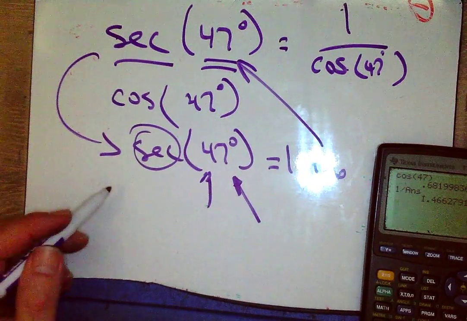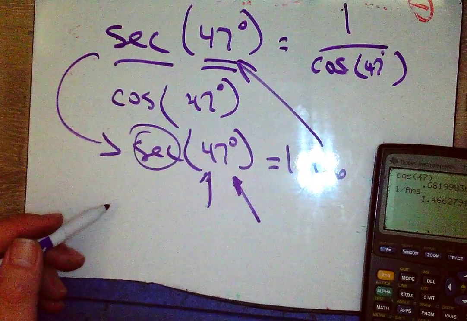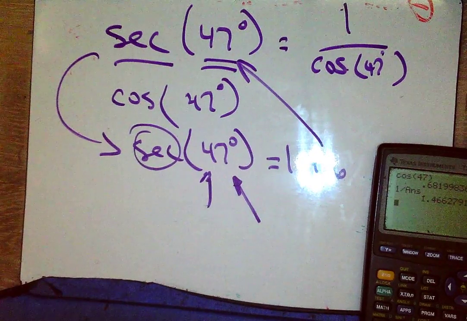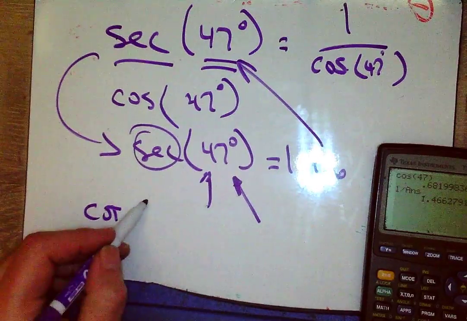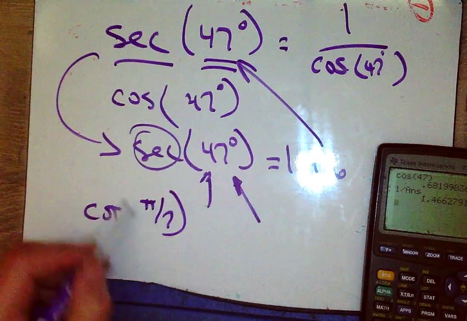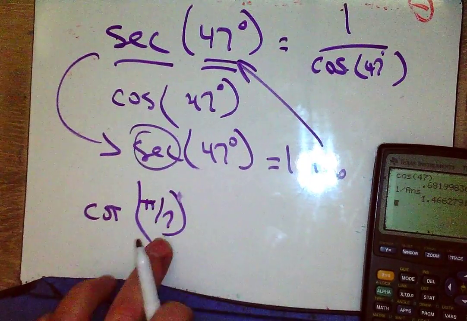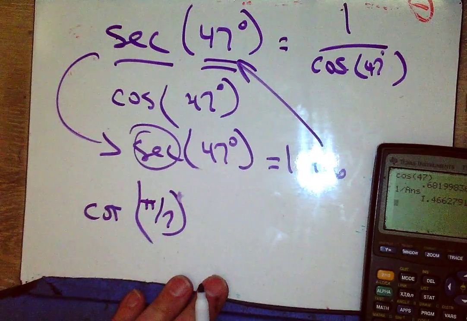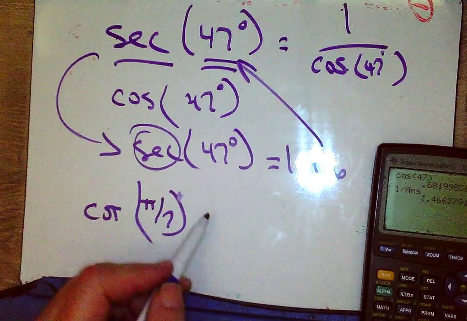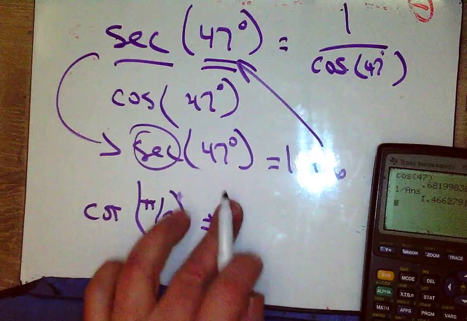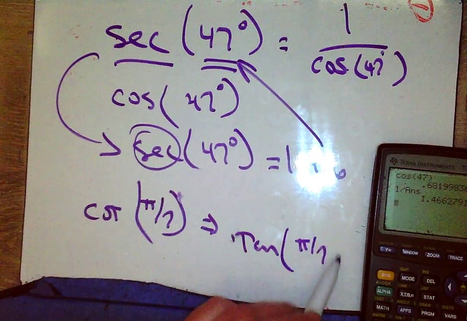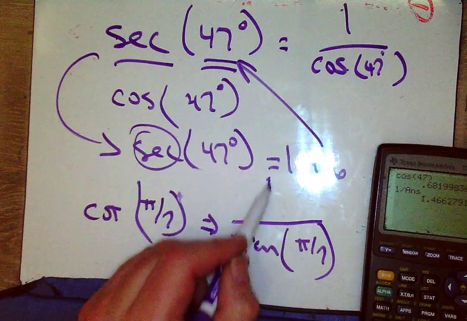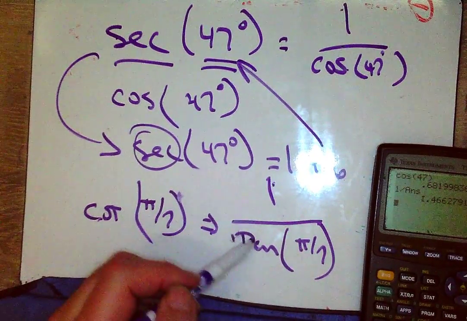Now, what about cotangent of pi over 7? Again, this is not something I know on the unit circle. I know tangent, but I don't know pi over 7. Well, I know that cotangent is 1 over the tangent.